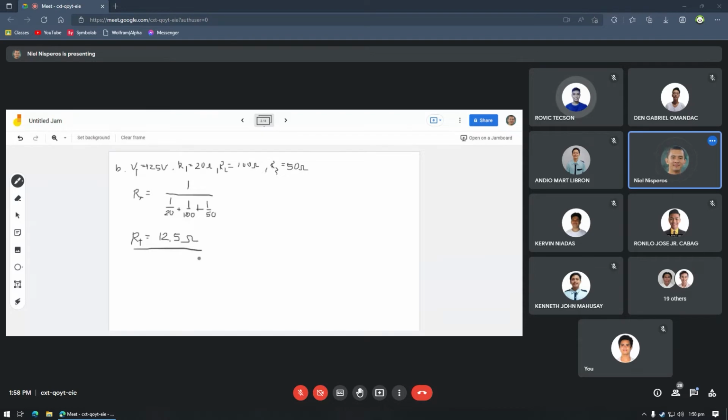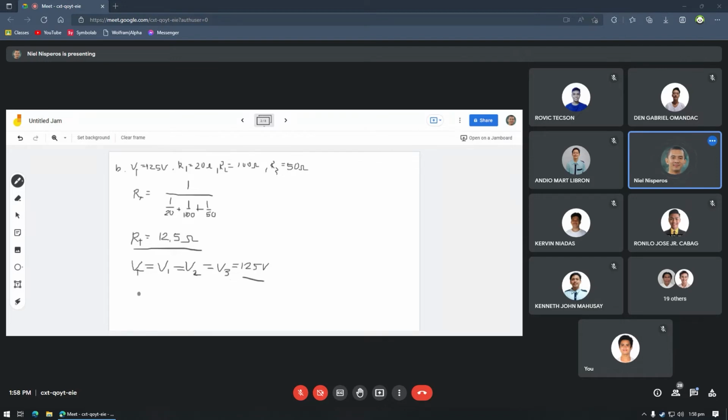Okay. So since they are connected in parallel, the voltage total is equal to V1, which is equal to V2, which is equal to V3, which is equal to 125 volts. The current differs.